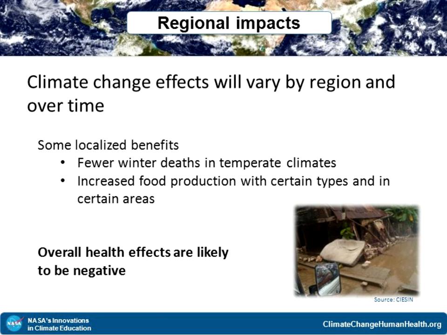So there will be positive effects, but there will be a lot of negative effects, and most of the impacts from climate change are likely to have a negative impact on human health. So we look at what people have to do to adapt to some of these changes that we'll see.